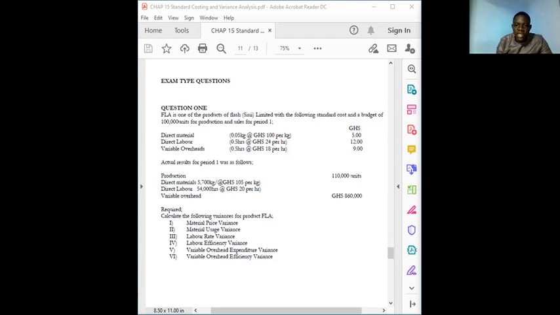Okay, good. Now we already know our actual hours to be 54,000 hours. How do we get our standard hours? Good. Now, this is how we get our standard hours. Very important. So we make reference to the standard information. For the standard, labor was to spend what? 0.5 hours on a unit. Now, if you have actually produced 110,000 units, how many hours should have been spent?